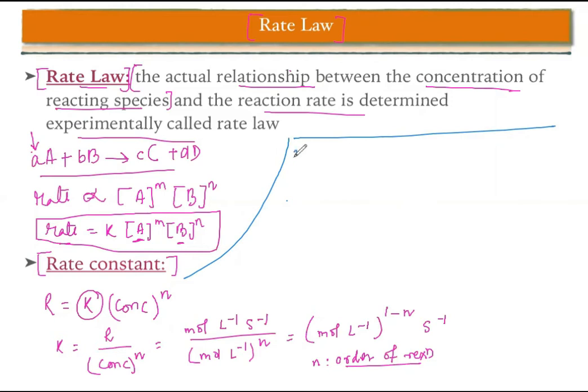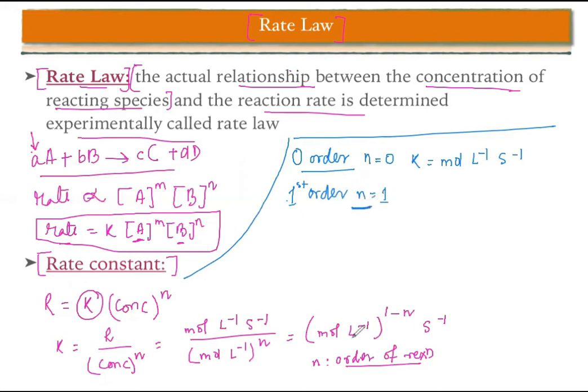Zero order. If it is zero order, in that case n is equal to 0. If we put n equal to 0, the unit of rate constant will be mole per liter to the power 1 minus 0, which is 0, per second. First order, that is n equal to 1.